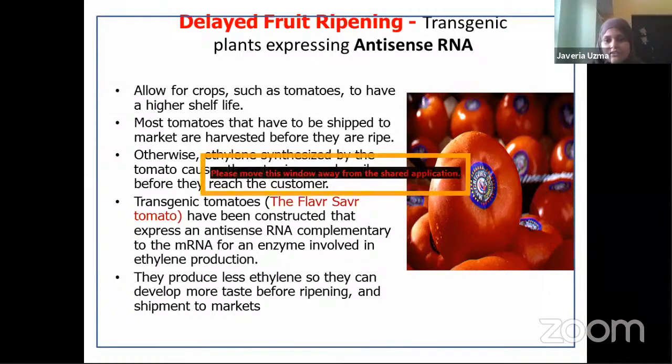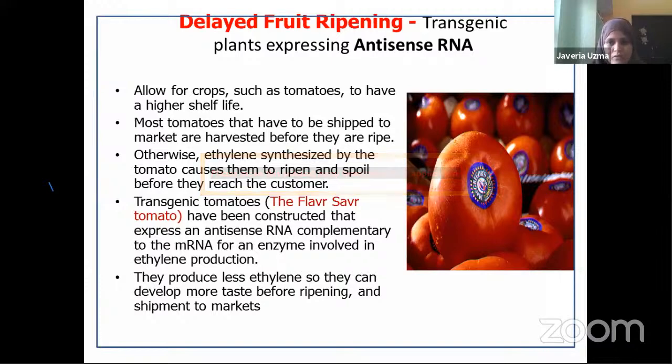So here you can see tomato, where you can delay the fruit ripening, because when you pluck tomatoes in the field, by the time you bring them to the market, half of the crop will be spoiled, because there will be lots of ethylene production which will help in ripening of fruits.